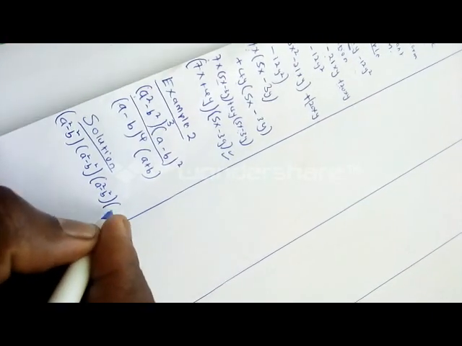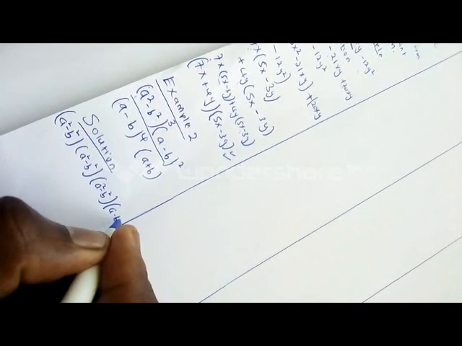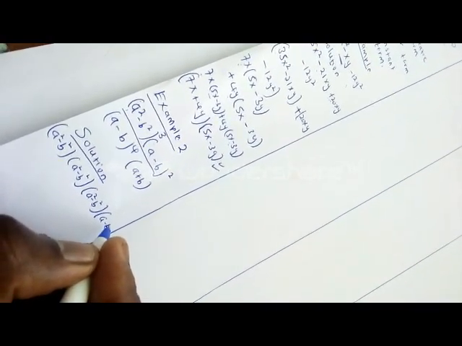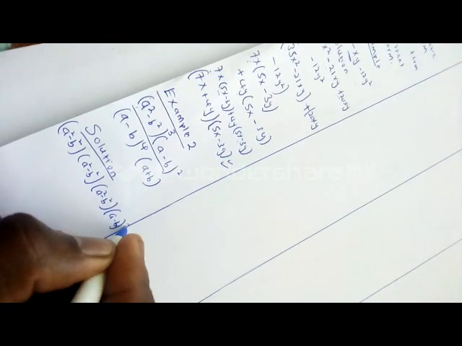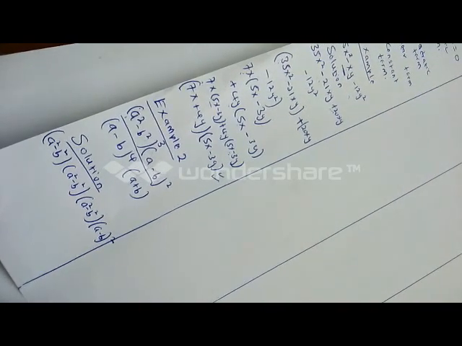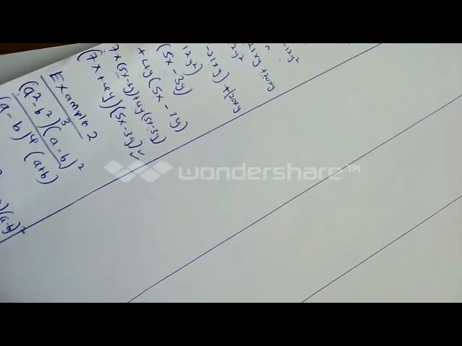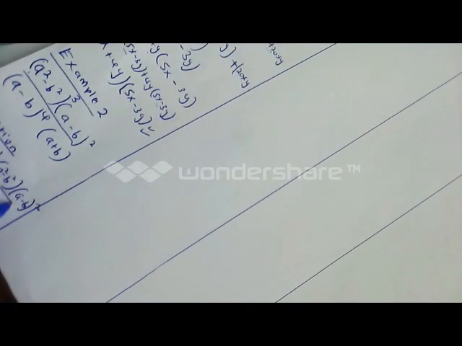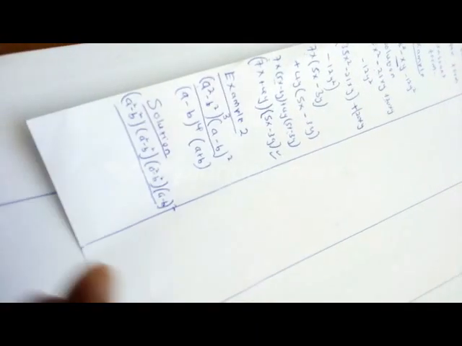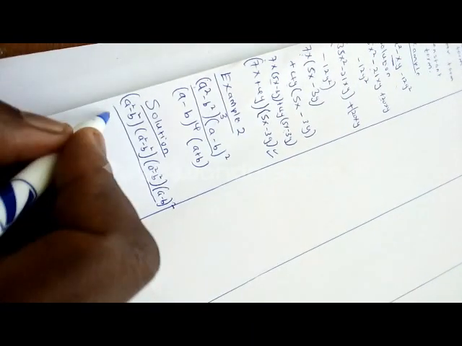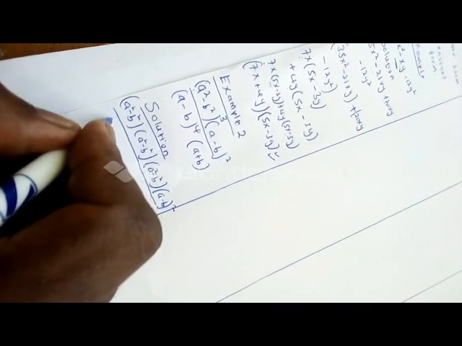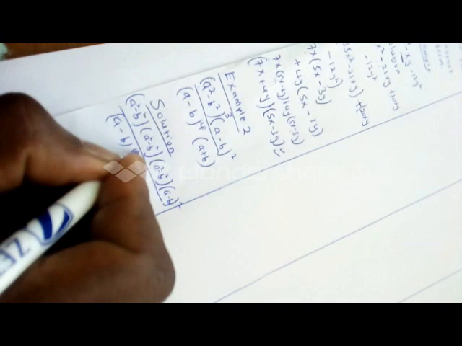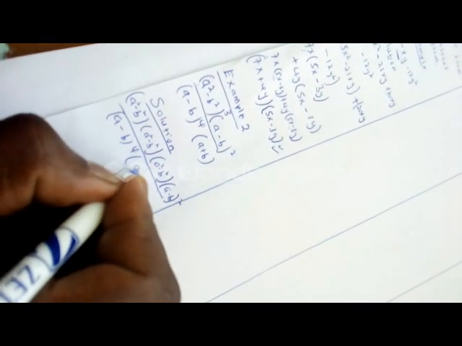Then you also have (a minus b) squared. In that case, remember you also have the division sign here, which has (a minus b) raised to power 4, (a plus b).